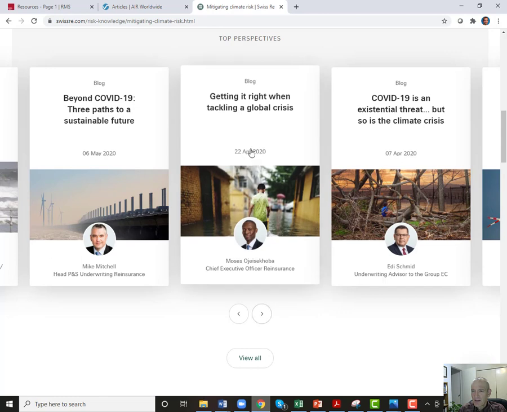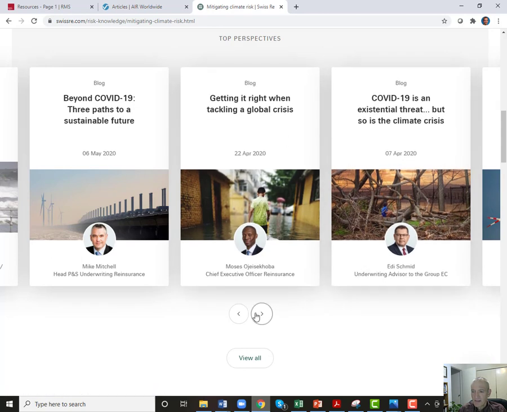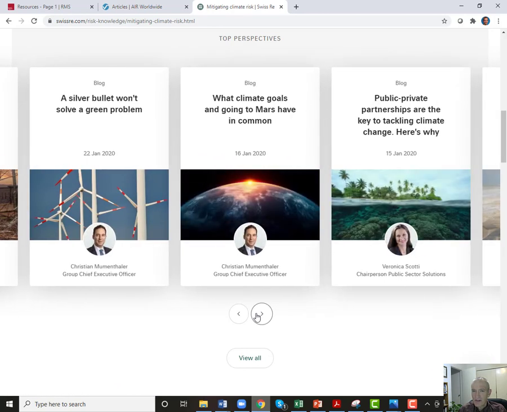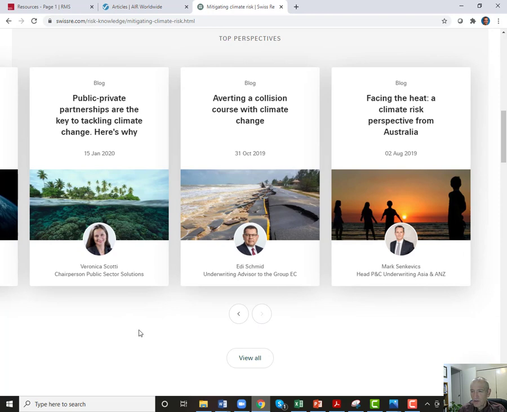Getting it right when tackling global crisis. COVID-19 is a big issue that you'll see a lot of them talking about. So you'd almost think this is a global warming advocacy group, because so much of what Swiss Re focuses on is global warming and what that means for hurricanes, especially, and floods.